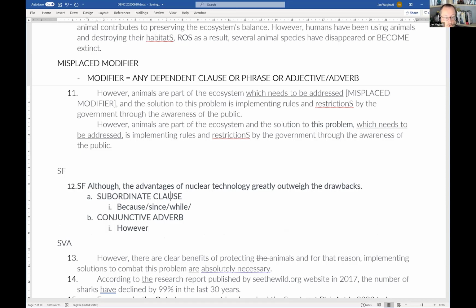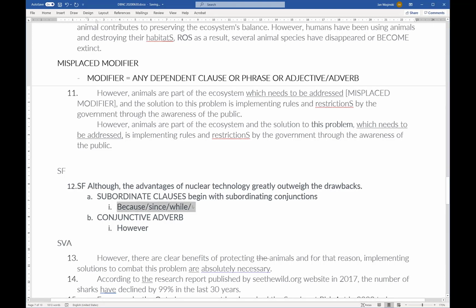So subordinate clauses begin with subordinating conjunctions. That's these guys. Whereas. Conjunctive adverbs begin sentences.